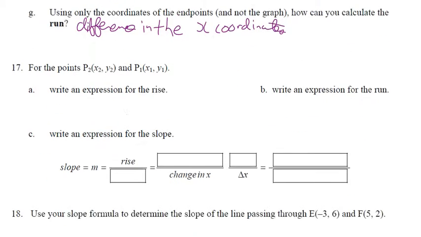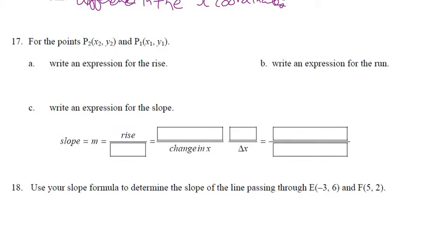For the points P2, x2, y2, and P1, x1, y1, write an expression for the rise. Write an expression for the run: x2 minus x1. Write an expression for the slope.